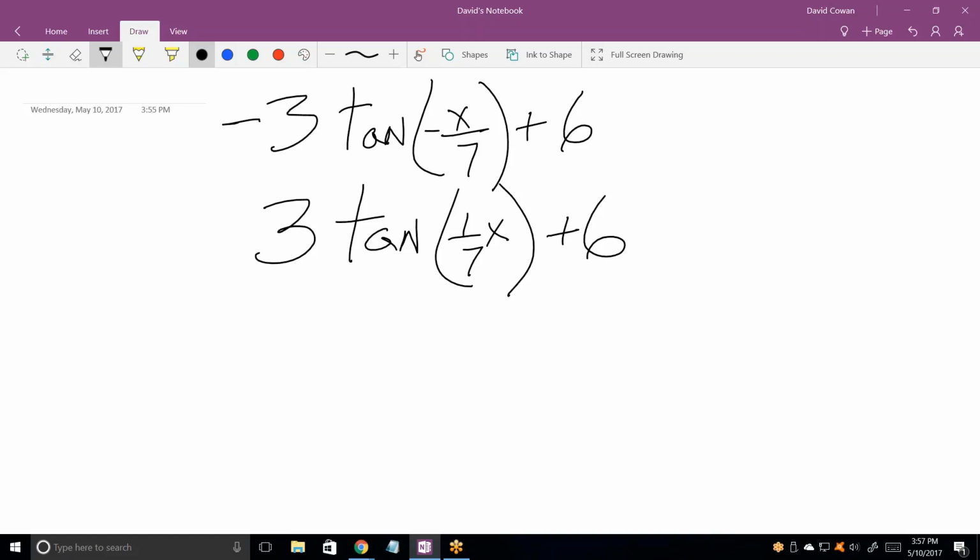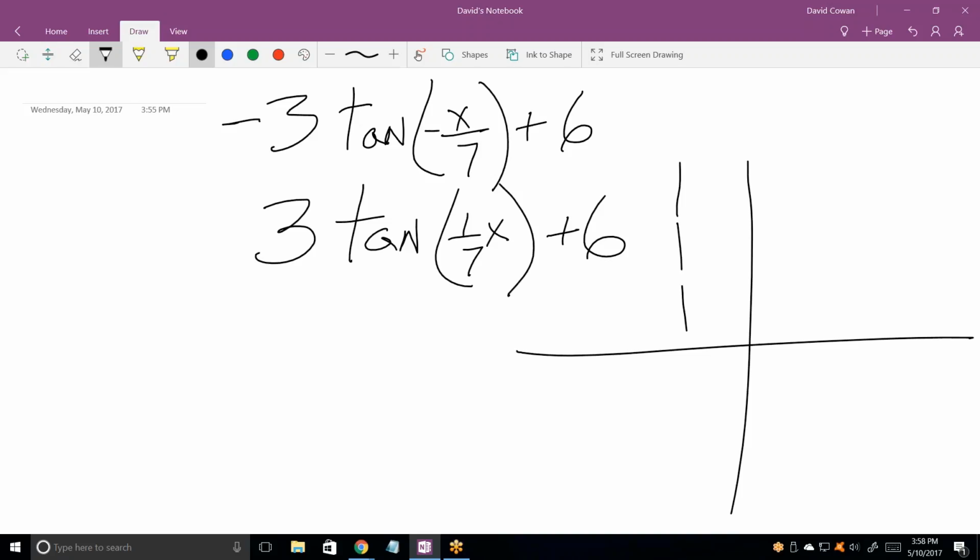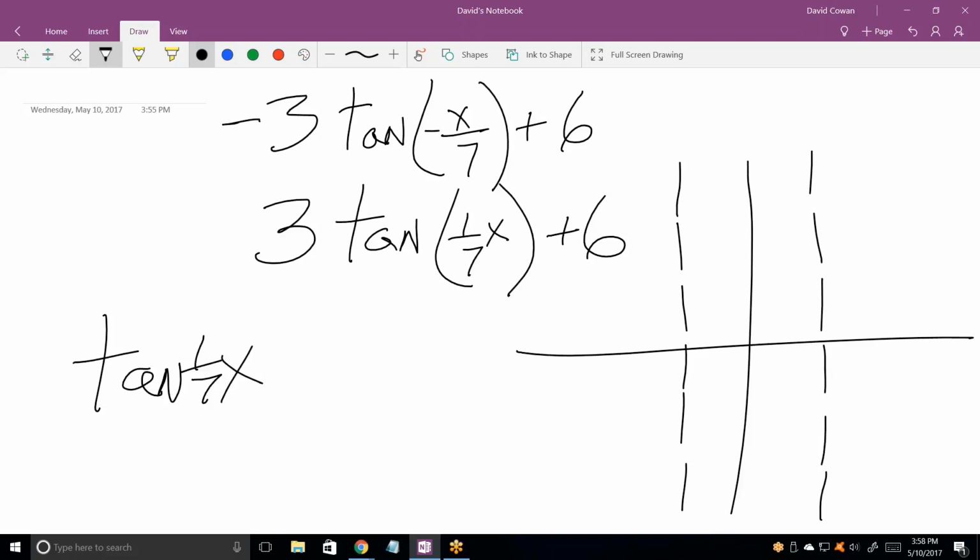Okay, so how's this going to graph? First of all, we know that tan of x would graph between these 2 points. So what would the tan of 1/7 x look like?